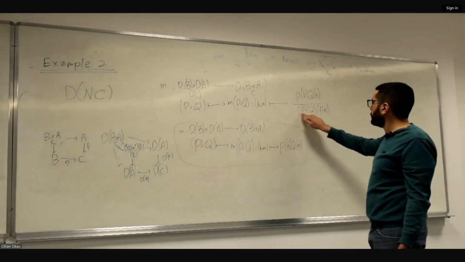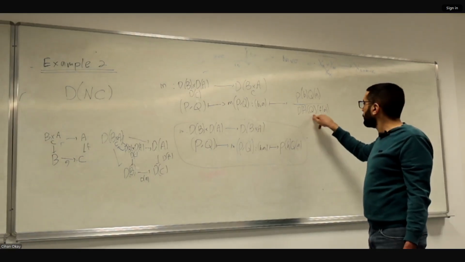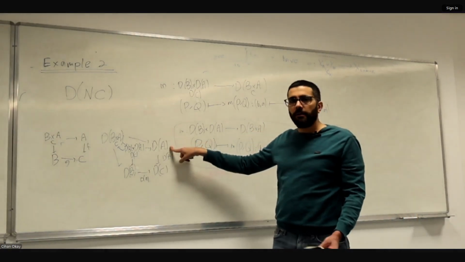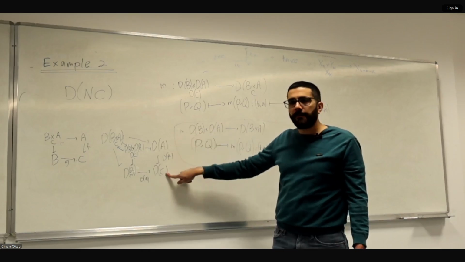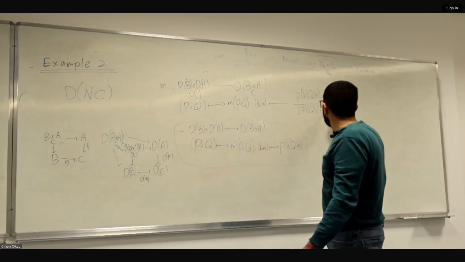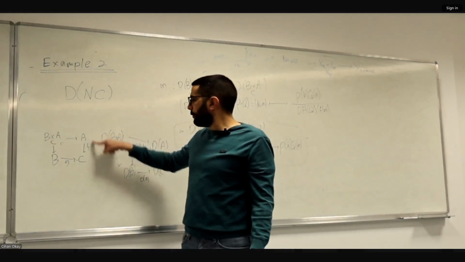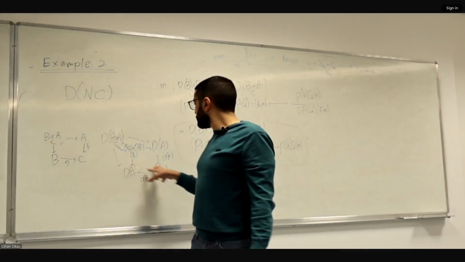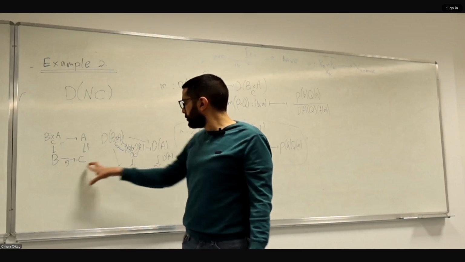If we push down DF of Q, Q is here, DF of Q will be here, and A is here. F of A will be here. So DF of Q is a distribution of this on this.